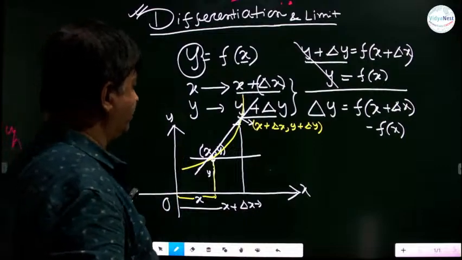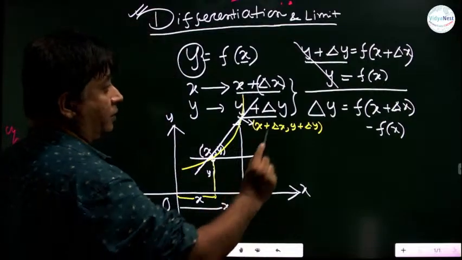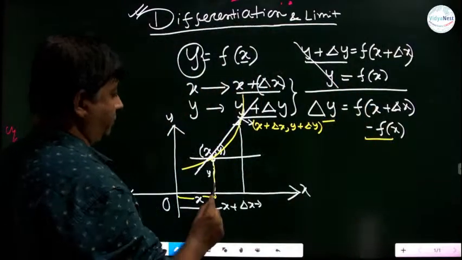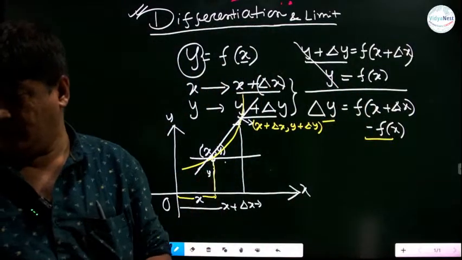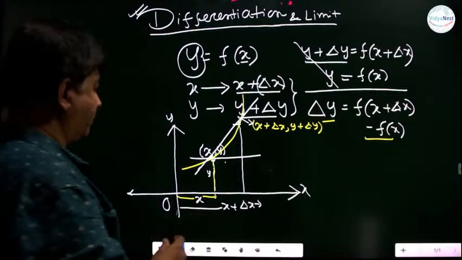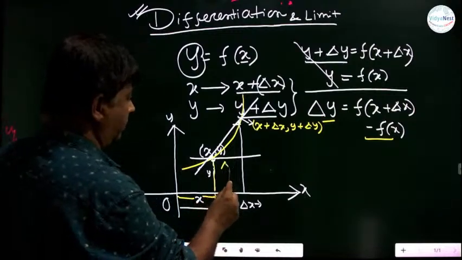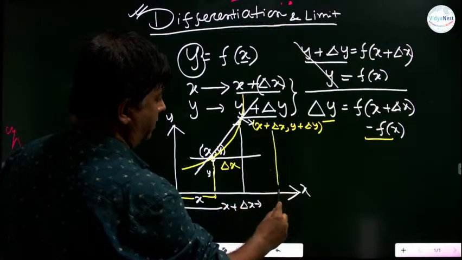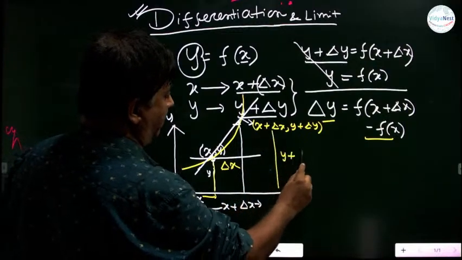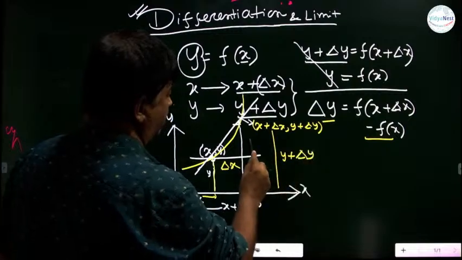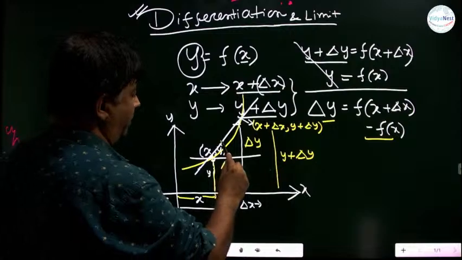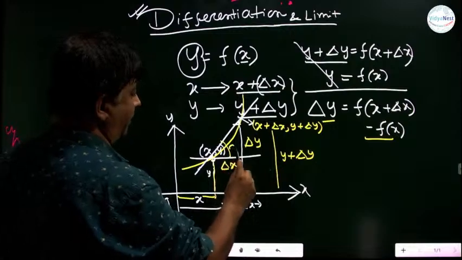Now, you observe this calculation. This is delta X. Now, this thing is Y plus delta Y. So, this thing is delta Y. And this angle I am taking as phi.